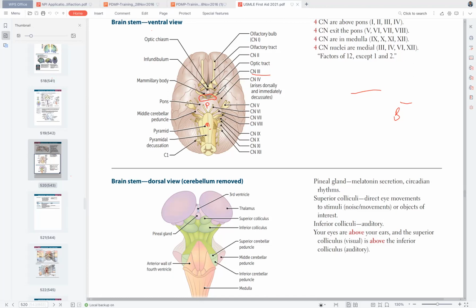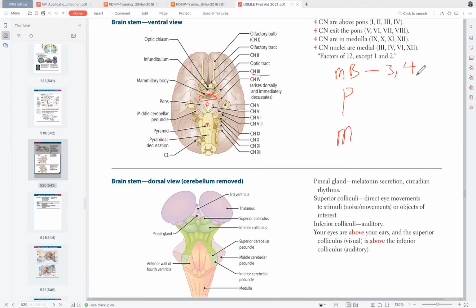It's very clear, right? So remember, it is from the midbrain. If I were you, I would list them this way: midbrain, pons, and medulla. From the midbrain, we have cranial nerves 3 and 4.